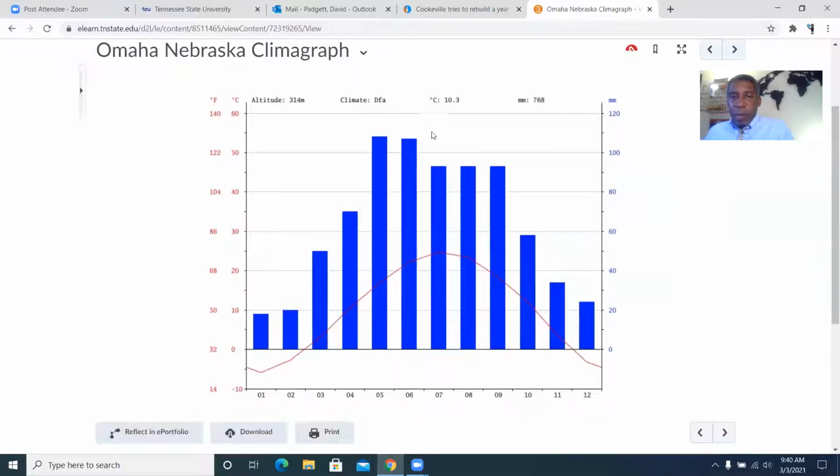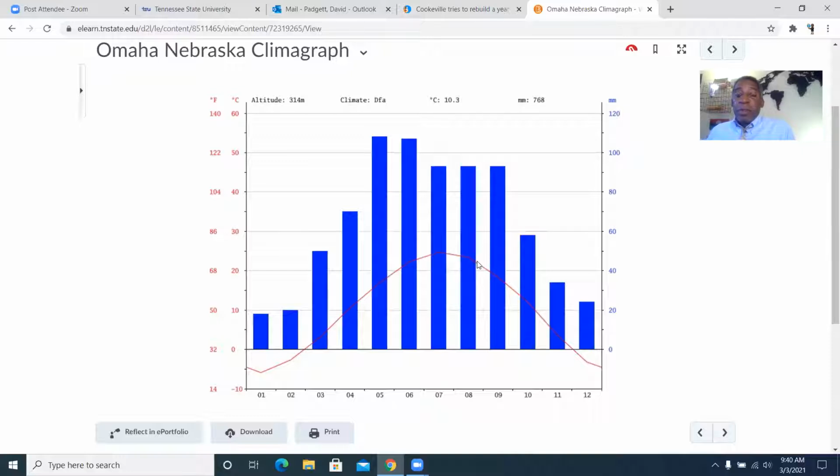Is it a D climate? I probably won't ask you to differentiate between a DFA and DFB climate, but you should be able to differentiate between a D climate and an A climate, or a C climate and a B climate, and so forth. If you go back and watch the lecture recording, you'll see how to interpret these graphs.